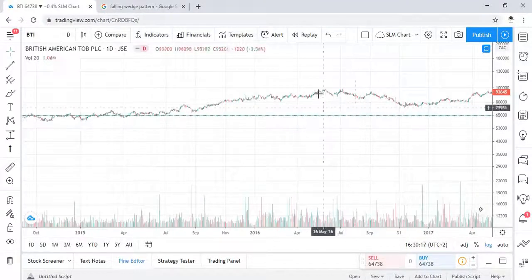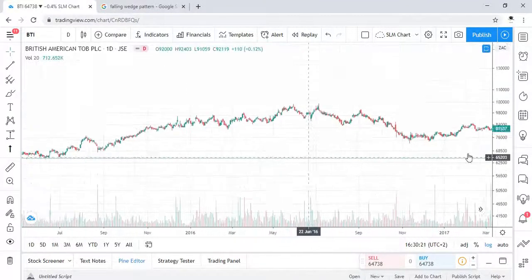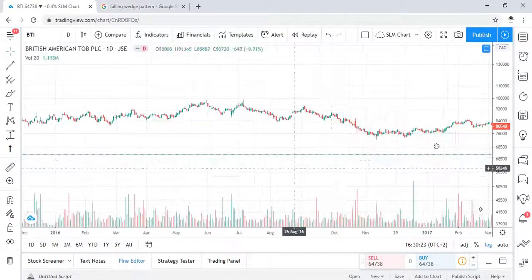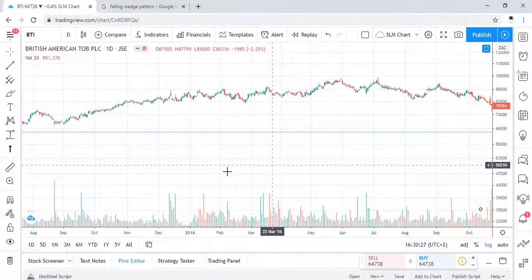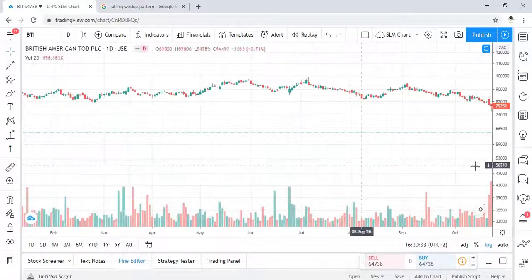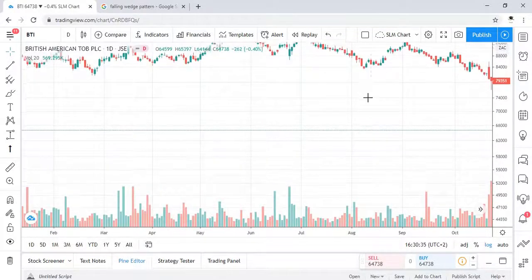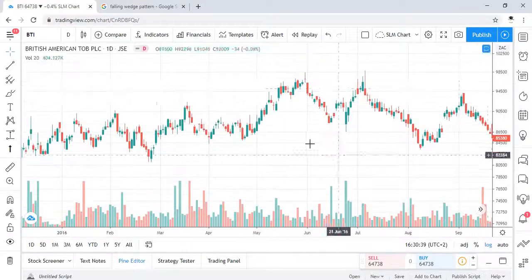I just want to see, it looks like we can have a case for a triple top there. Just want to expand so I can see nicely.